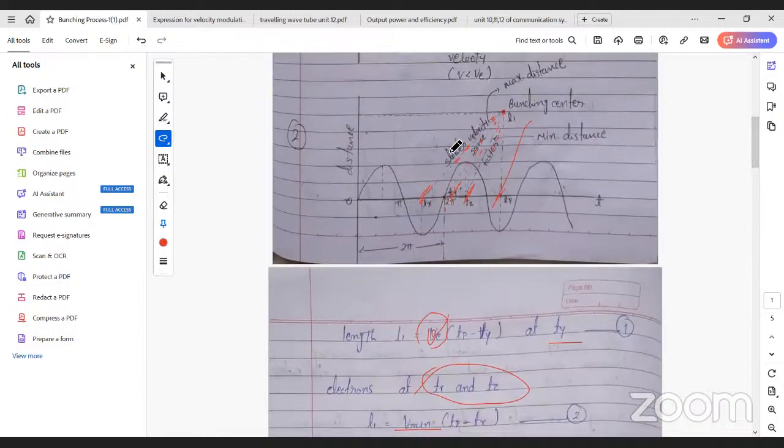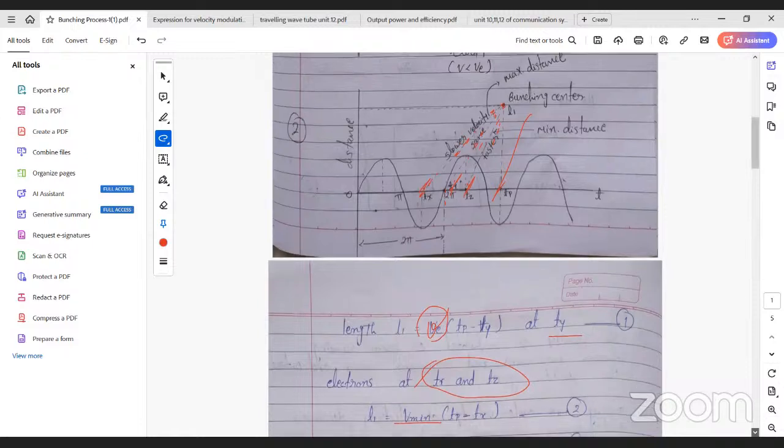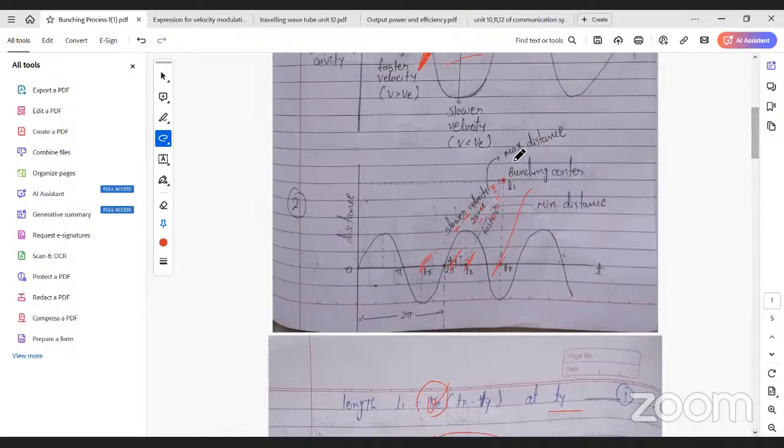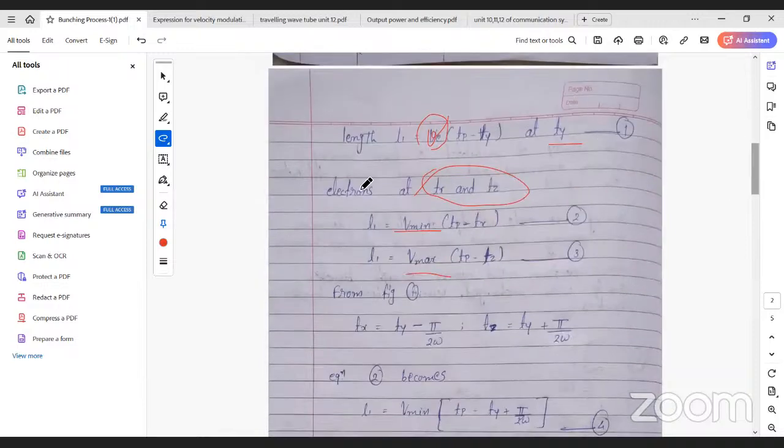Slower velocity I wrote. If the distance is maximum, velocity is minimum. Across X, we have minimum velocity. Across Z, we have maximum velocity. So I wrote three equations.